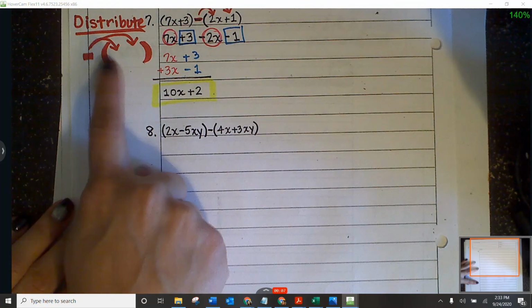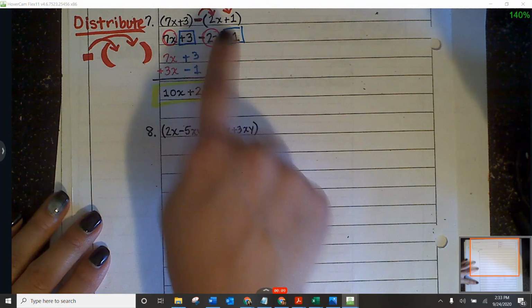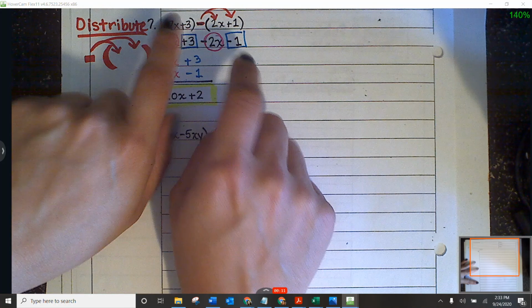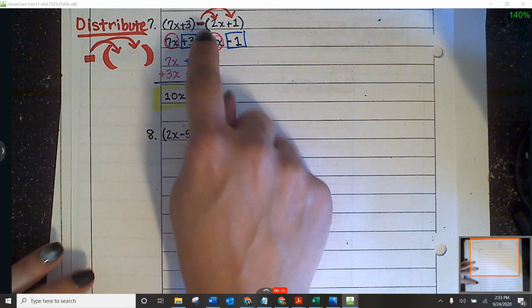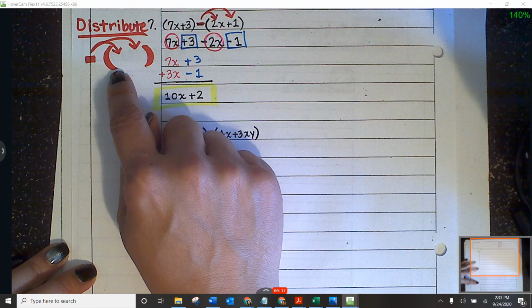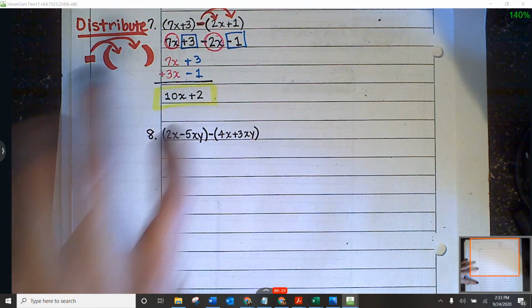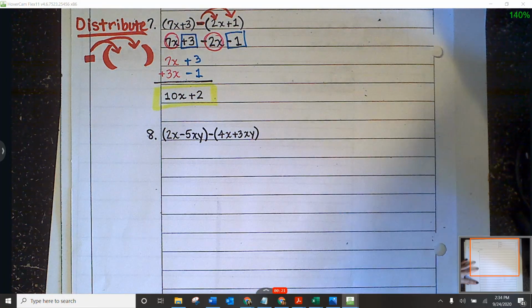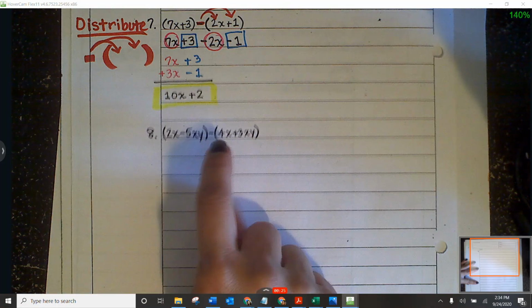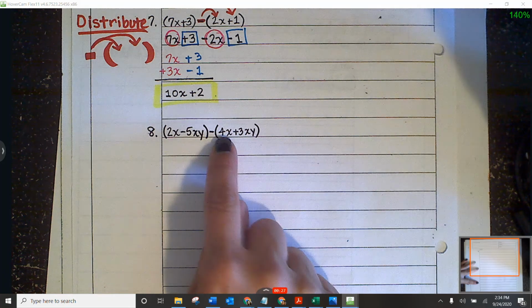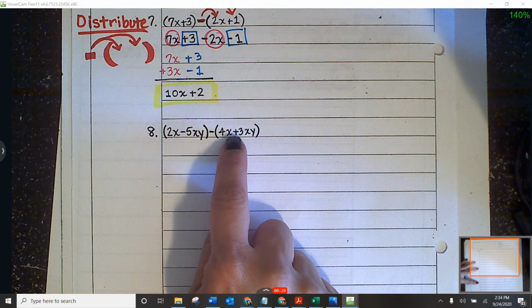So just like number 7, whenever we have this negative, we have 2 different polynomials that we are subtracting. Well, we definitely want to distribute that subtraction symbol into all of the terms inside of the parentheses. Now, I do notice that I have 2 terms that are separated by the plus sign.